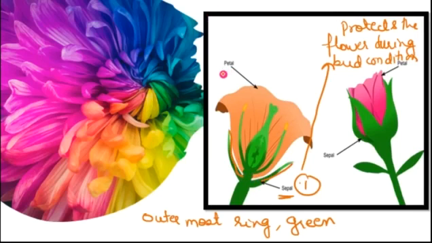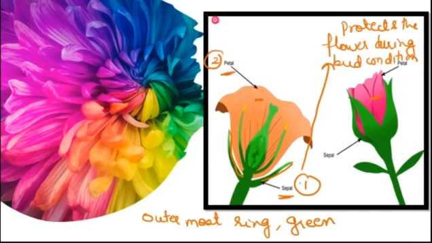Coming to the next ring, the next part, this is the petal. You can see these petals are very brightly colored, and they make the second ring of a flower. Many of the petals in a flower are scented. They give a beautiful fragrance. What role do these petals perform?